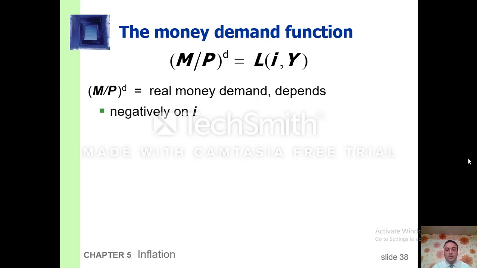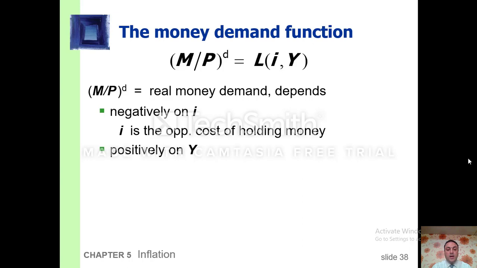So the real money demand, the money you want, depends negatively on the nominal interest rate. The nominal interest rate is the opportunity cost of holding money, as we said, and money demand depends positively on income.